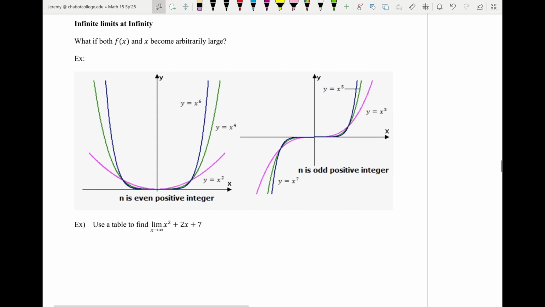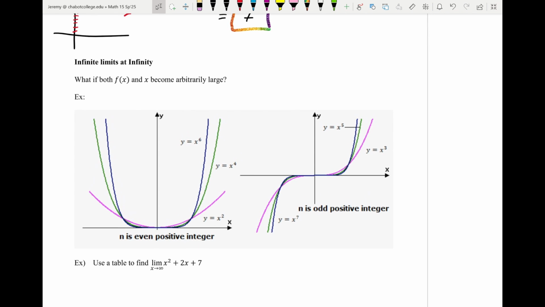So remember, if we have a leading term which has an even power on x, this means that the polynomial has an even degree. And what that means is that the end behavior is going to be going in the same direction, right? It's going to be going up and up, or if that leading coefficient is negative, it's going to be going down and down.